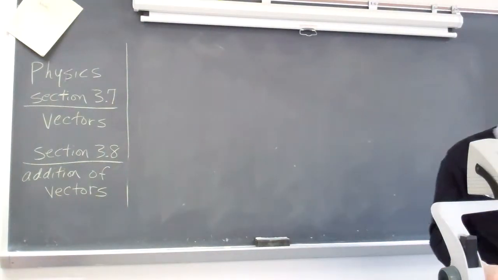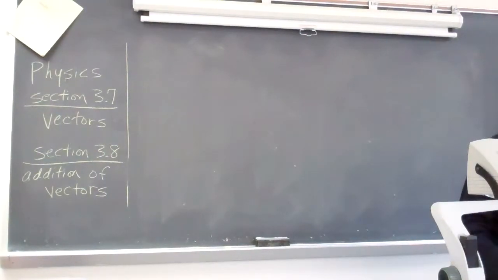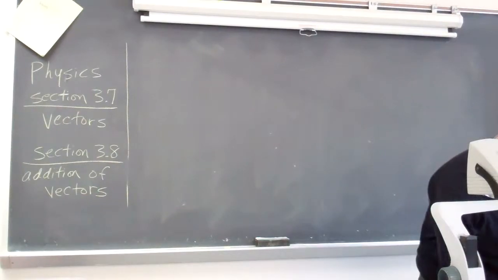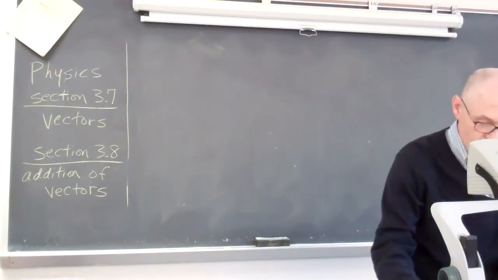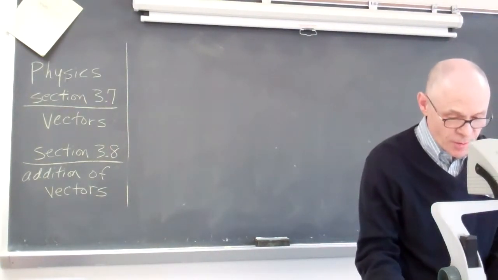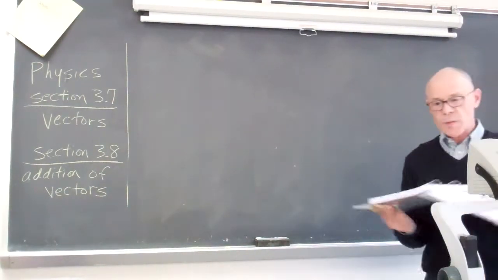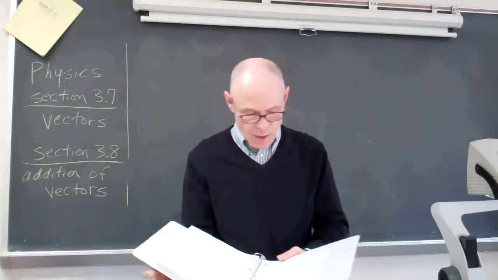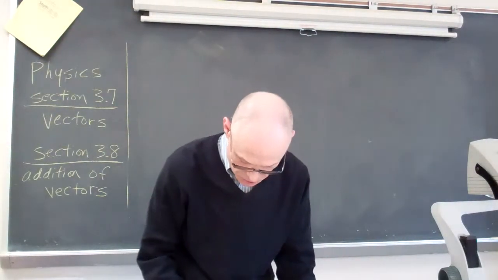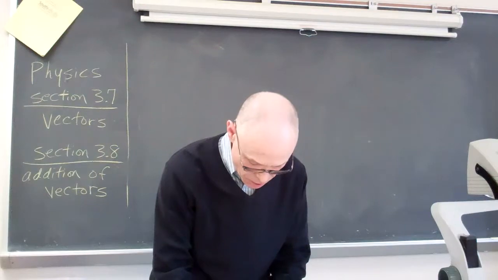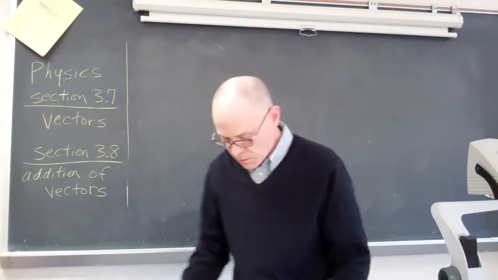All right, so let's illustrate this by going through example 3.3 at the bottom of page 47. Now these methods are graphical methods, so you're going to be sketching on graph paper. So what I'd like you to do is open up your workbook, and there is a section on vectors in your workbook starting on page 22.